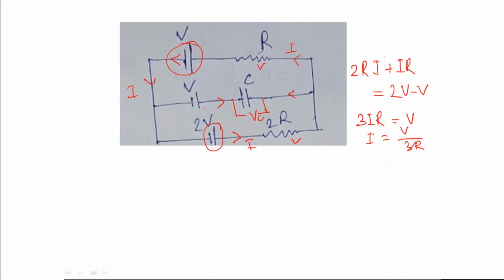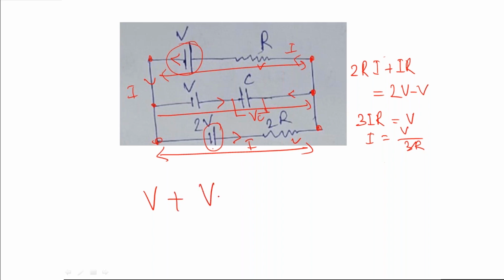Suppose the potential drop across this is VC, and already we know this is V. Since this end and this end are at the same terminals, the potential drop across this branch will be equal to the potential drop across this branch as well, and the same as this also, because these are end points and parallel branches.